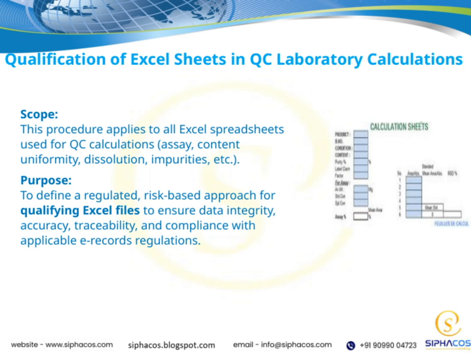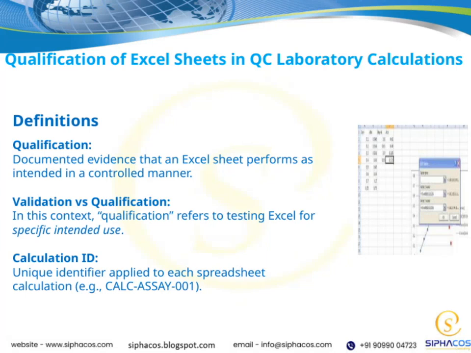By implementing this approach, we help safeguard the quality and compliance of our laboratory data. It's about making sure our Excel tools are fit for purpose and meet regulatory standards, ultimately supporting our overall quality assurance objectives.